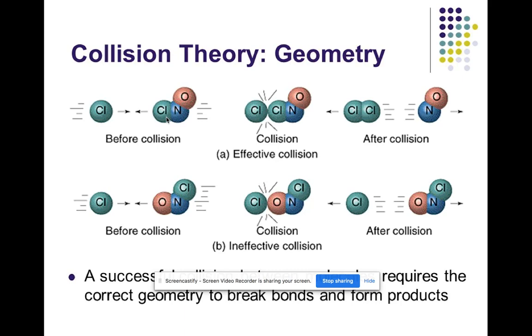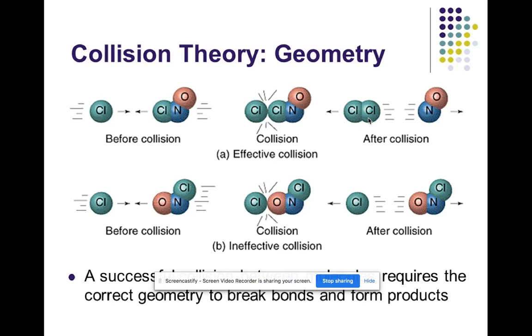It's the Brinkelhoff twin, so it's totally cool with that. So they're orientated correctly, and chlorine will find a nice, stable molecule. So it's an effective collision. This chlorine is going to break off the nitrogen, and we're going to form chlorine gas and nitrogen monoxide gas. It's an effective collision.